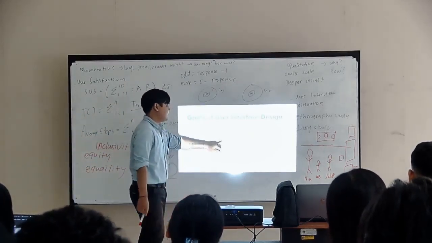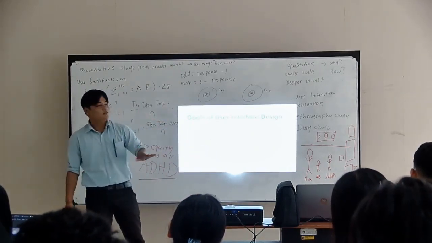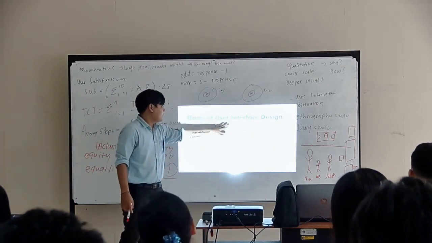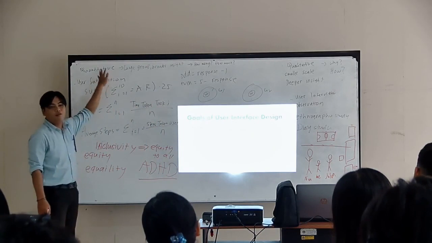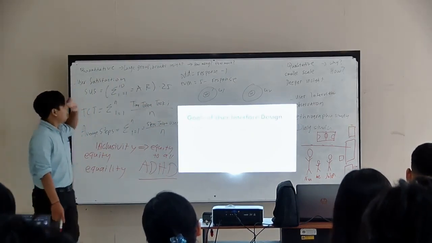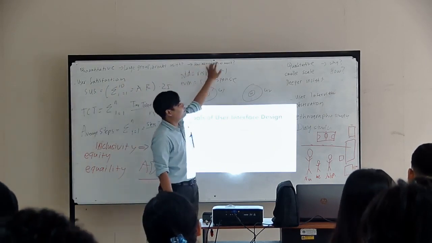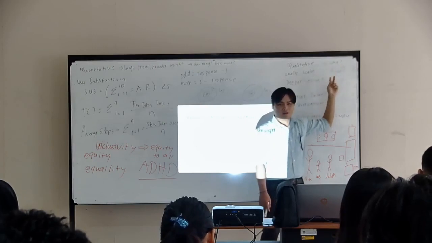So how we measure the user satisfaction? We measure things in interface design by two things: quantitative or qualitative. Quantitative, we ask about how many or how much. Qualitative, we ask about why and how.